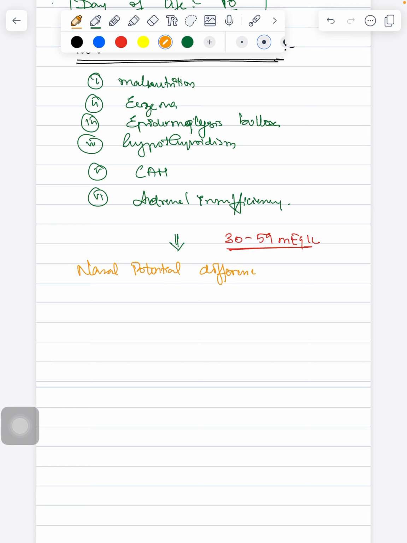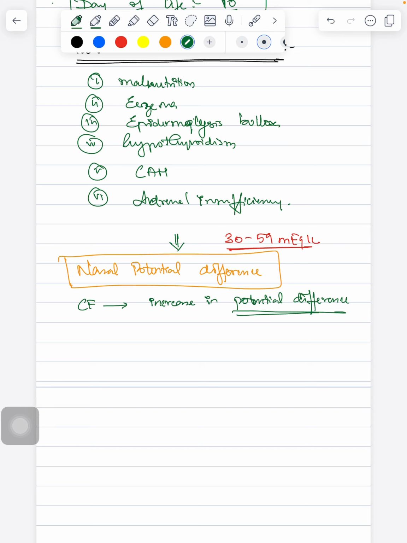In nasal potential difference, in patients with cystic fibrosis, there will be an increase in this potential difference. How are we going to test it? There is an increased response to amiloride application.